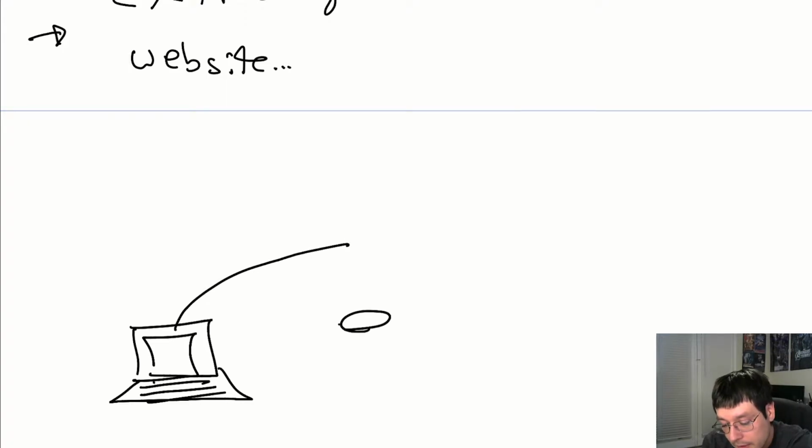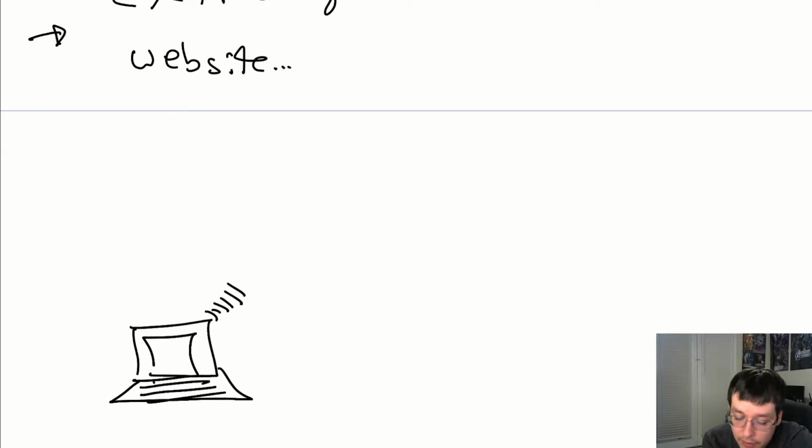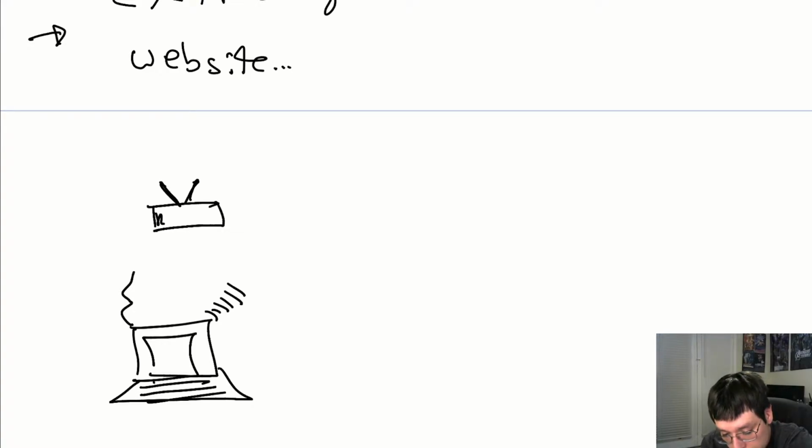In fact, technically speaking, let's break it down further. Since this is a laptop, more than likely you're connected either through Wi-Fi or through an Ethernet cable. And both of these things are connected to what is known as your router. Your router's job is to distribute internet across your local area network, also known as LAN.